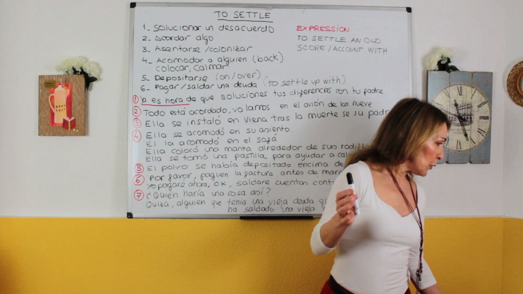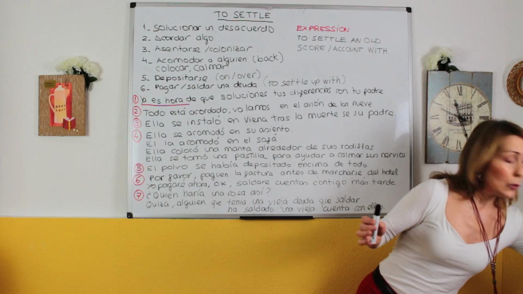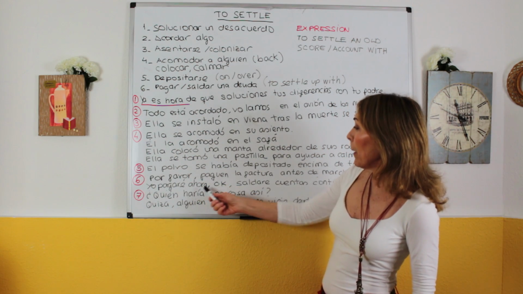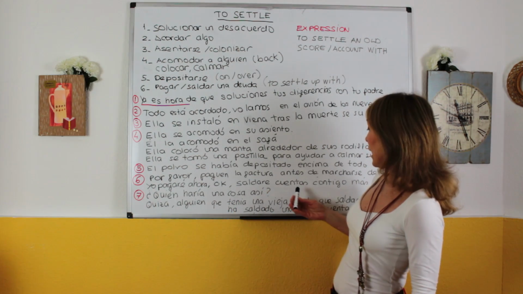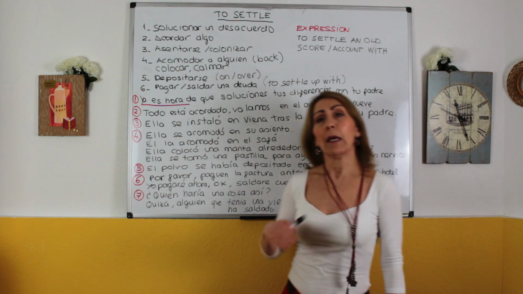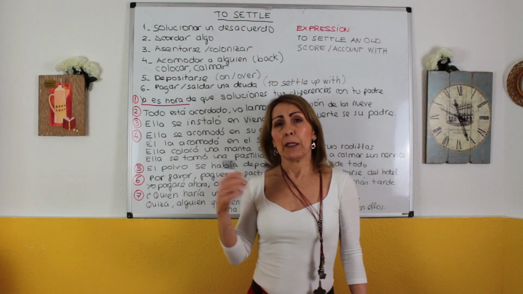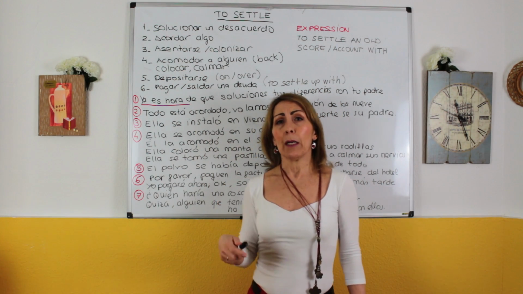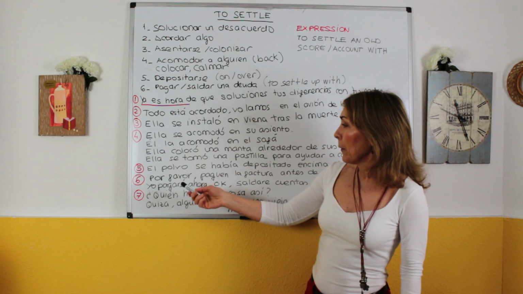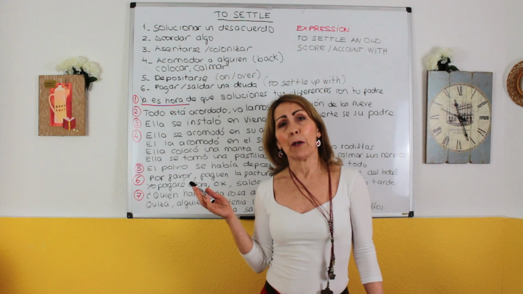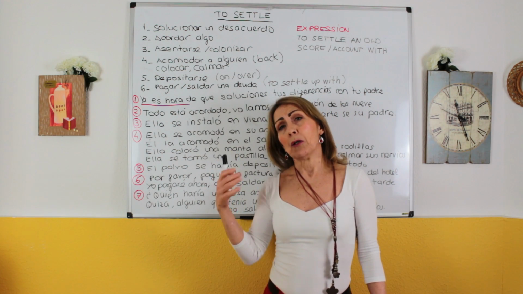So I'm going to show you, well, the next one, sorry. Yo pagaré ahora. Ok, saldaré cuentas contigo más tarde. Two friends are in a restaurant and the waiter brings the bill and one of them says, yo pagaré ahora. What tense are we going to use?